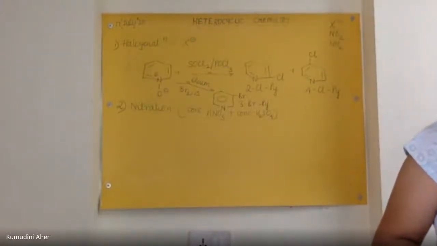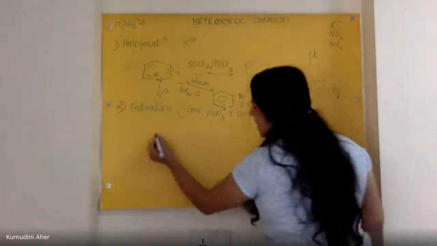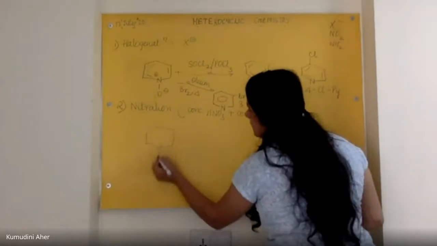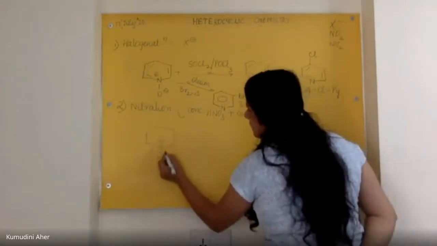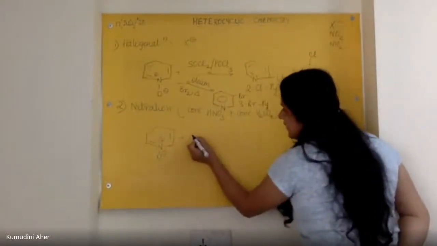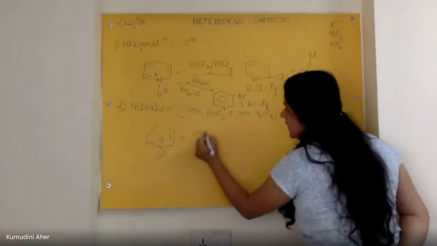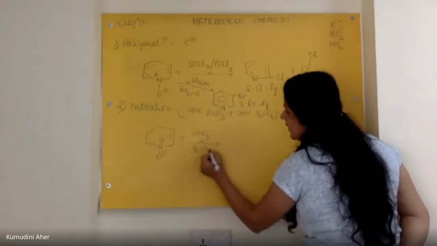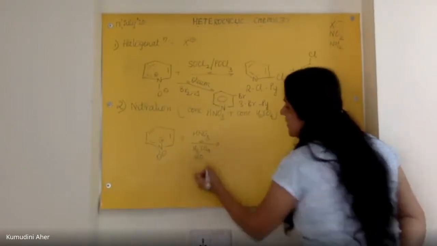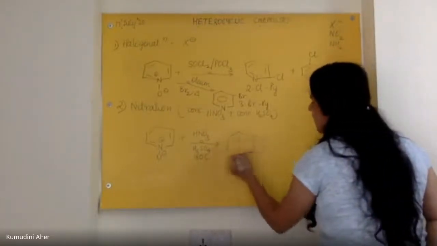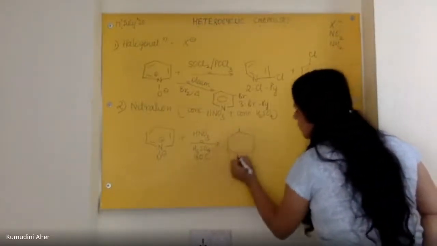This is a high temperature reaction which takes place at 160 degrees. This is your pyridine N oxide, and it is going to undergo nitration using nitric acid and sulfuric acid at a temperature of 160 degrees Celsius. You will have the attachment of a nitro group.